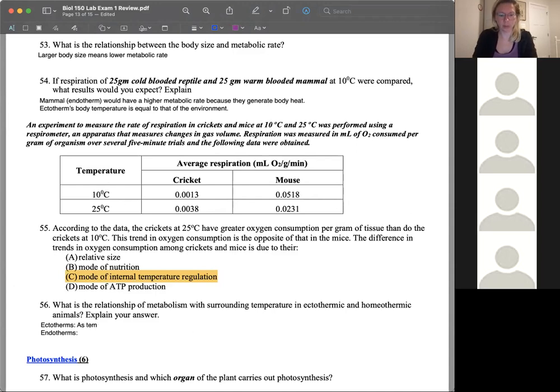So as temperatures increase, metabolism increases. So we have this positive correlation between those two variables. Endotherms, it's the opposite, right? So as temperatures increase, metabolism decreases. And it asks us to explain our answer.